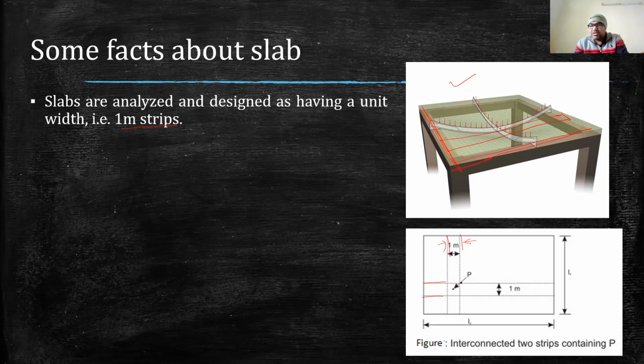Now here you can notice that when we are designing a two-way slab in which we are considering both span strips, there will be such meeting points where the load is carried along the shorter as well as along the longer span. So such a common meeting point will occur when we are designing slab along both the spans.